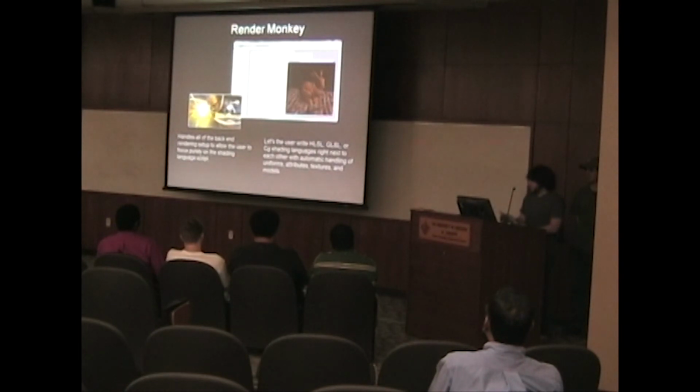The tool that I used to speed up writing these shaders is called RenderMonkey. It's developed by AMD. It's sort of like Ogre in that it separates out the rendering context, so you don't have to worry about setting up DirectX or OpenGL, which is kind of a hassle, especially if you want to be able to work between the two. So RenderMonkey just lets you write whatever shaders you want.